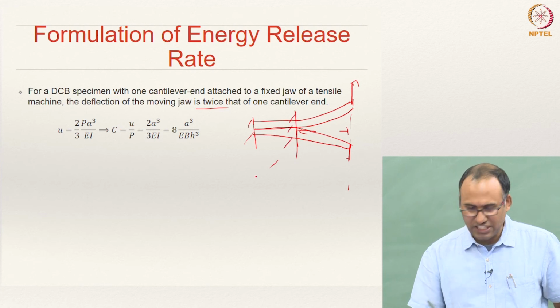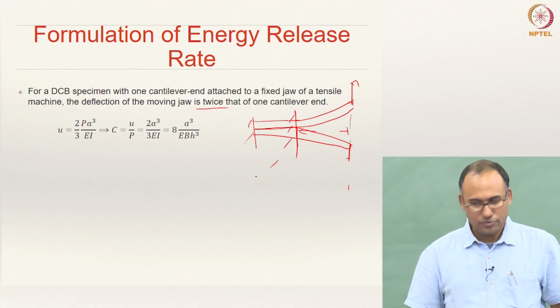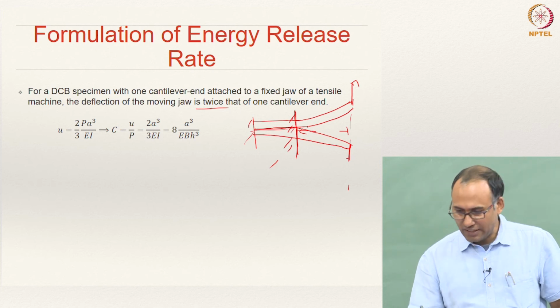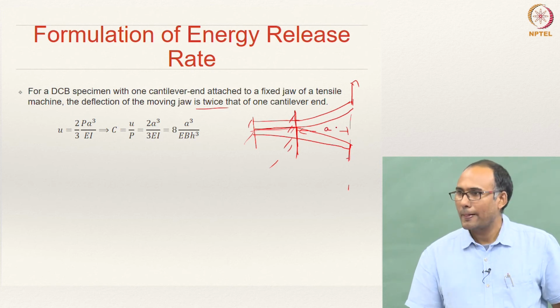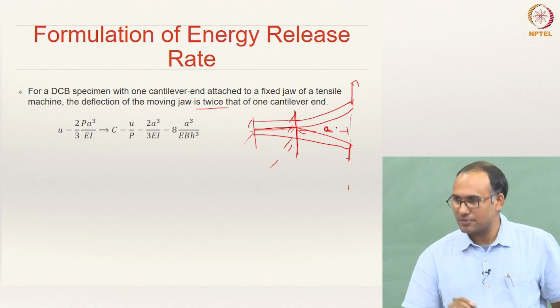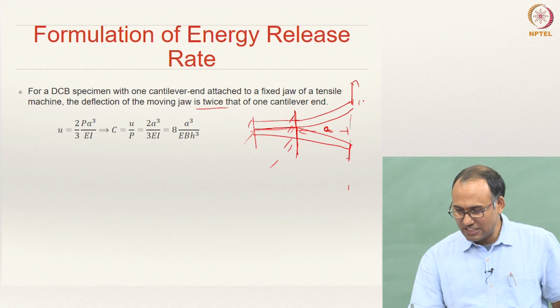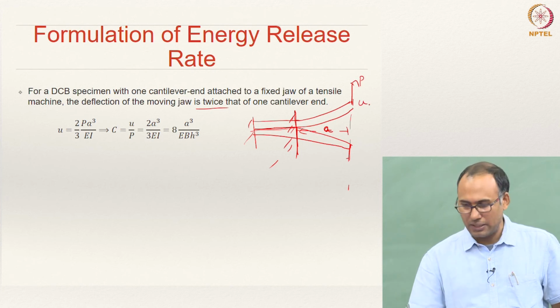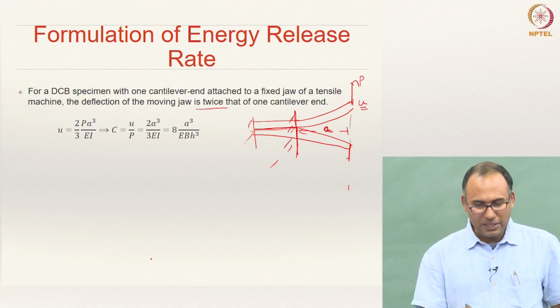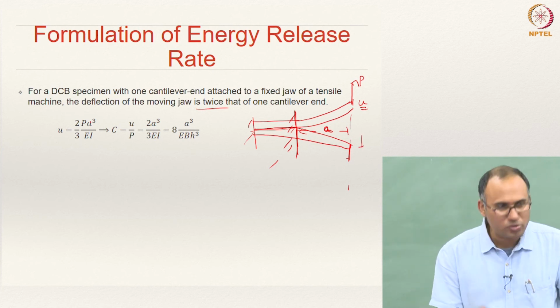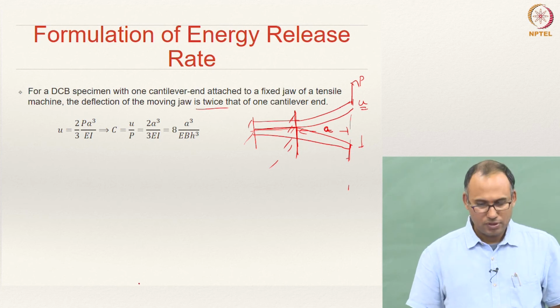It is like it is fixed here, right? There may be a bond here, but you can see that this is like a fixed end. Then this is your A. This is your crack length. If that is the crack length, and this force is P, then this displacement will be PA cube by 3EI. But you have two cantilevers, so the total displacement will be 2 times PA cube by 3EI, right?